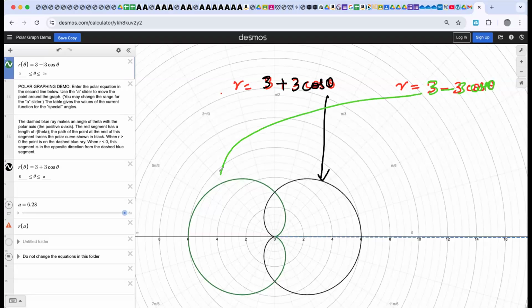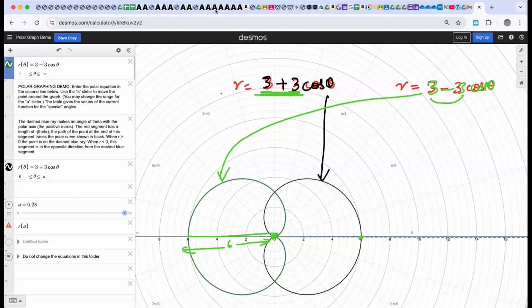I just switched positions. And how did I measure? It started at 0. This 3 plus 3, that is your maximum, 6. The maximum value from the pole is 6.